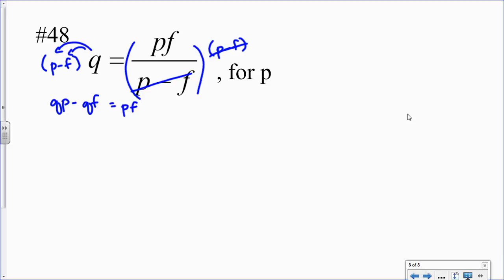Now, what variable are we solving for? P. So we should put those on the same side. So I'm going to subtract pf from both sides. On the right, I'm going to have 0 right now, but that's okay. It doesn't really matter what order you put these.